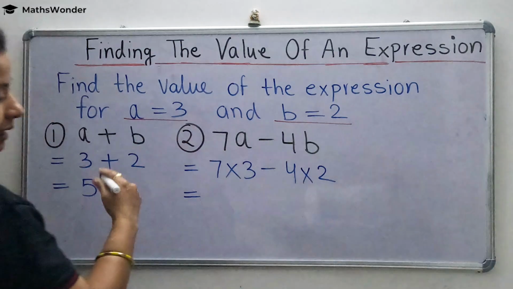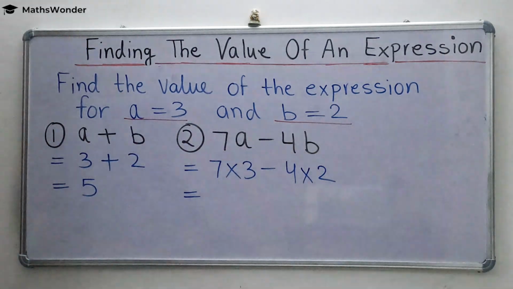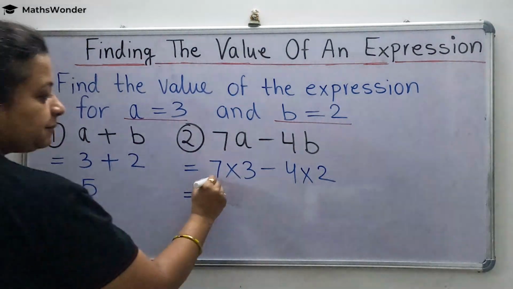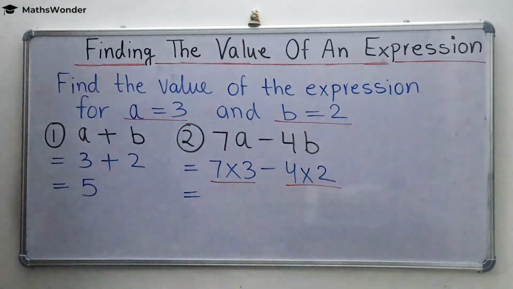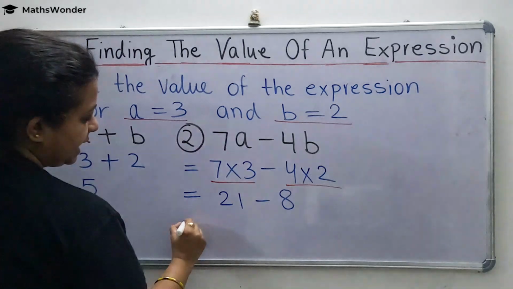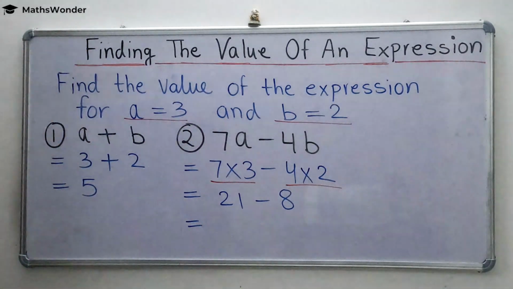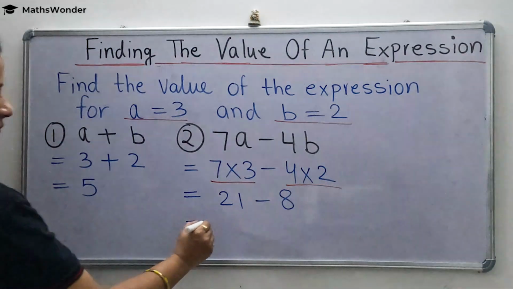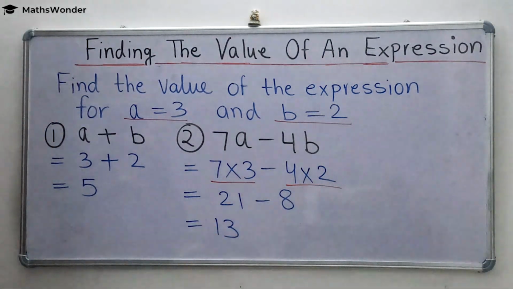Now, separately multiply it and then simplify it. So 7 times 3 will be 21. 4 times 2 is 8. Now you will subtract. 21 minus 8. Normal question. So what will be the answer? 13. So this is the 13.